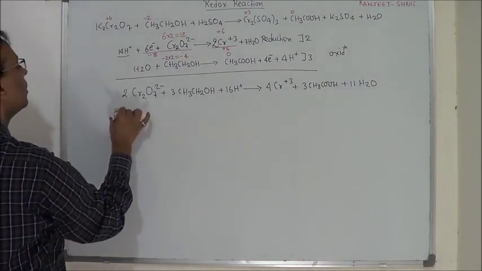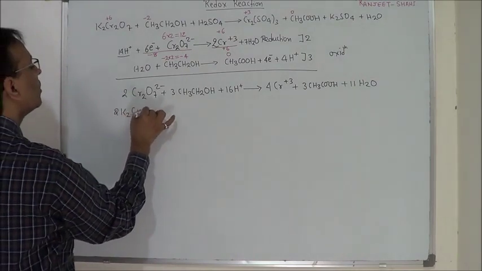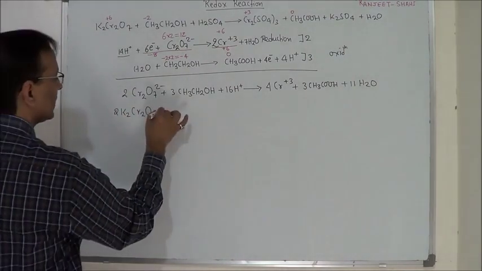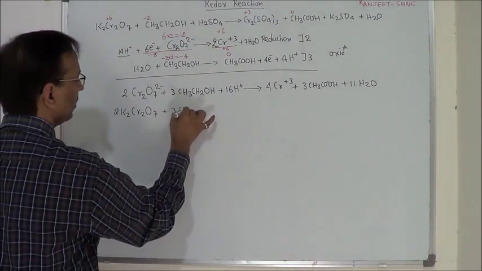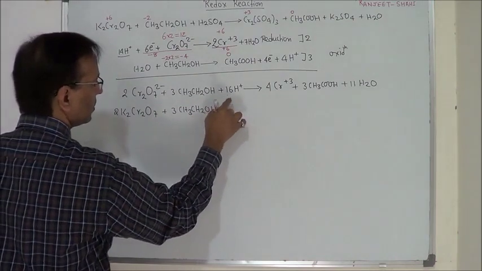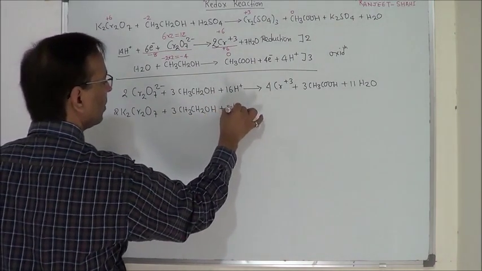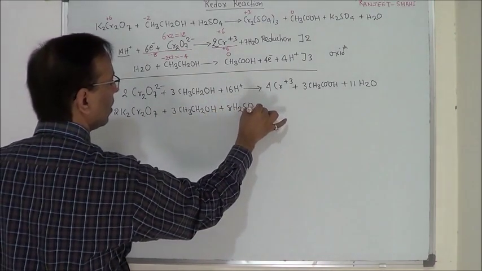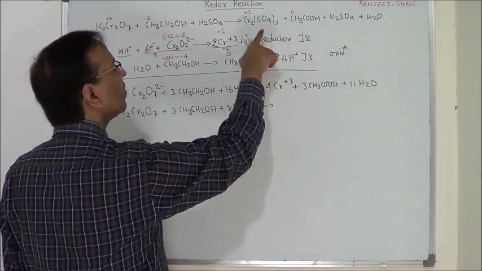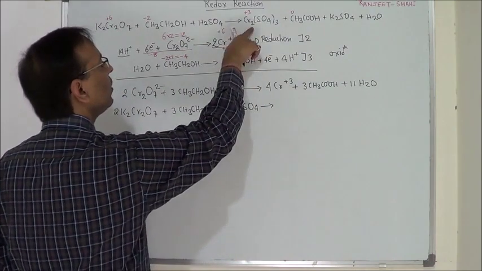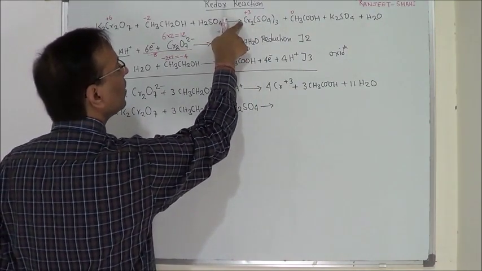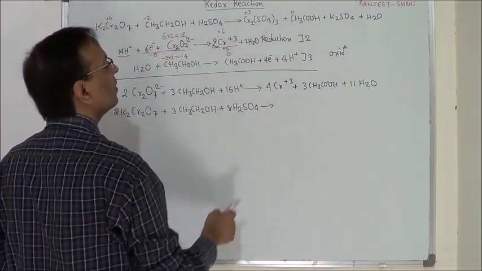So 2 K2Cr2O7 plus 3 ethanol plus 16H plus, 8H2SO4, giving 4 chromium, and chromium is in the form of Cr2(SO4)3. So 2 is here in the formula. So if we take 2 of this, 4 chromium will come.